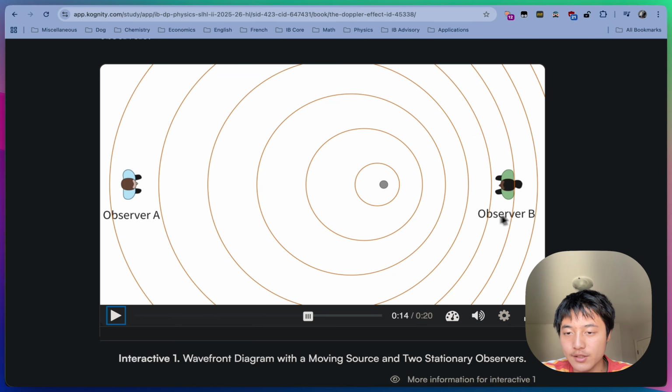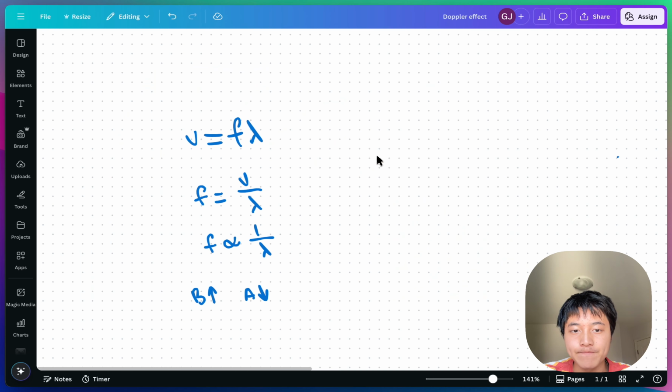So observer B hears a higher pitch compared to A. Even though it's the same sound, they're not experiencing the same sound, because it's moving. I find it very interesting how this happens in the real world, and this is essentially the Doppler effect. It's the same sound source, but because it is moving, people experience different pitches.